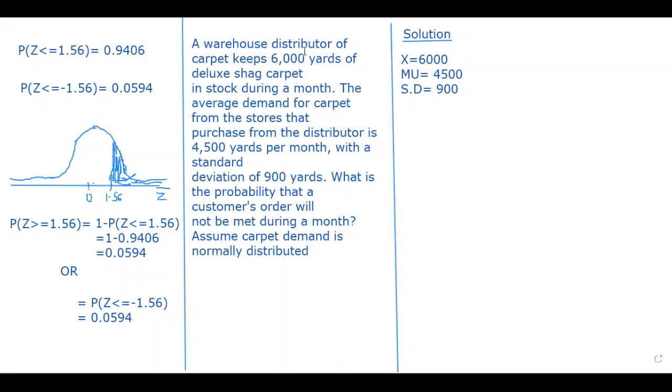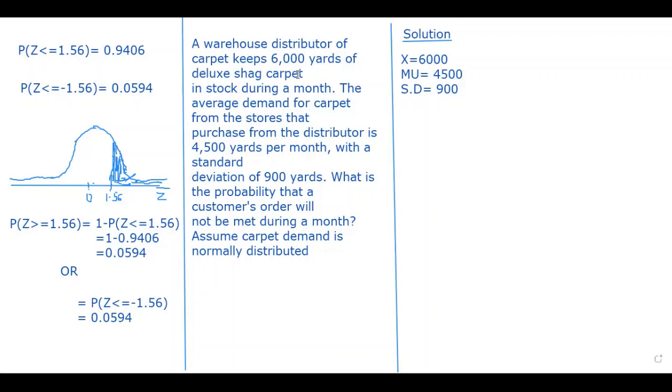Now the warehouse distributor is keeping carpets of 6,000 yards. So whenever a customer demands more than 6,000 yards, that demand won't be met. Do you get me?